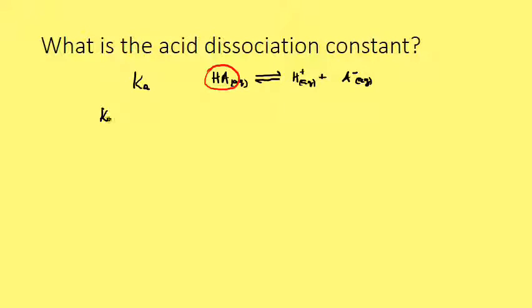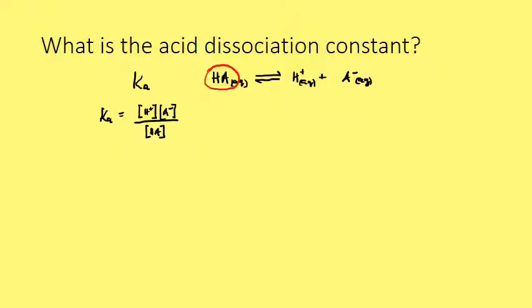Right, so Ka is going to be the concentrations of the products, which are H+ and A-, to their molar amounts, which are both 1, so we'll leave them off, and also divided by the concentration of the reactant on the left, which is HA, also to the power of 1.